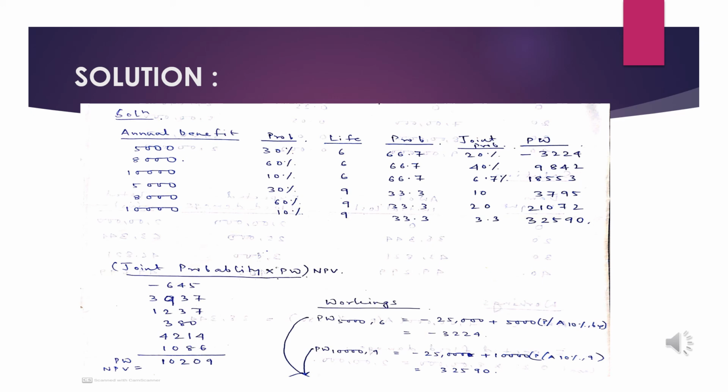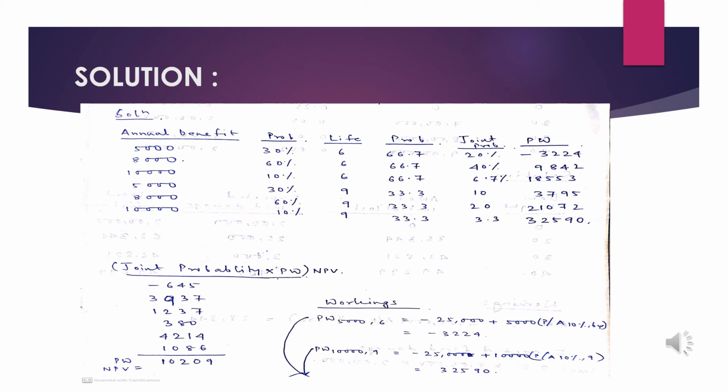Again, referring back to the sum, a project life of 6 years is twice as likely as that of 9 years. So the probability of a project life of 6 years is twice the value of that of 9 years. If we divide it, 2 by 3 becomes the probability value of the project lifetime of 6 years, and 1 by 3 becomes the probability value of the project lifetime being 9 years.